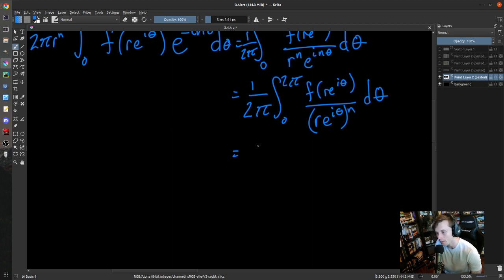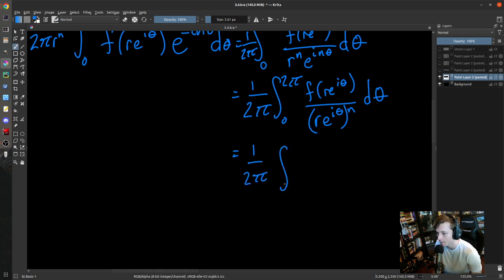Since I have to convert my d theta into a dz, I'll notice that the derivative of r e to the i theta is i r e to the i theta. So I need to get an extra one of those. Fair enough. I'll just multiply the numerator and denominator by that.